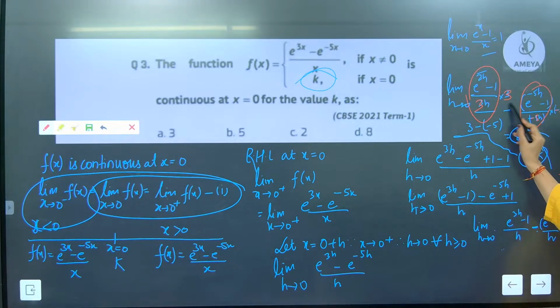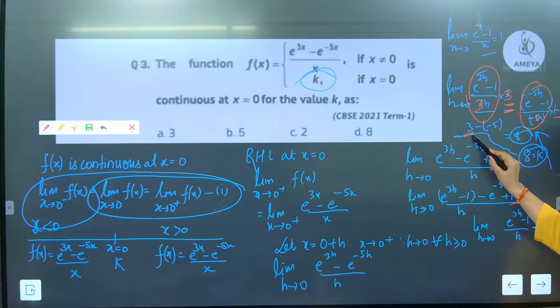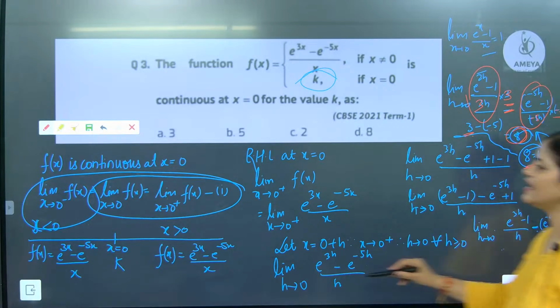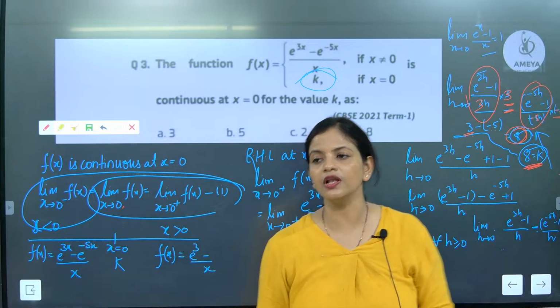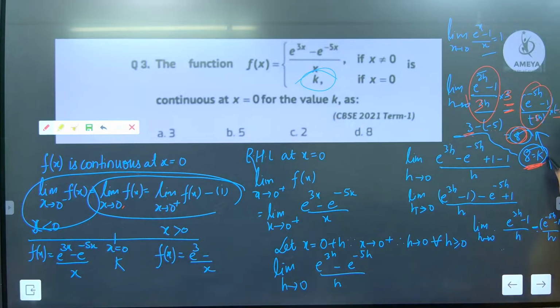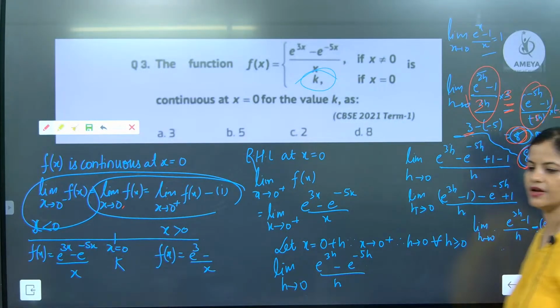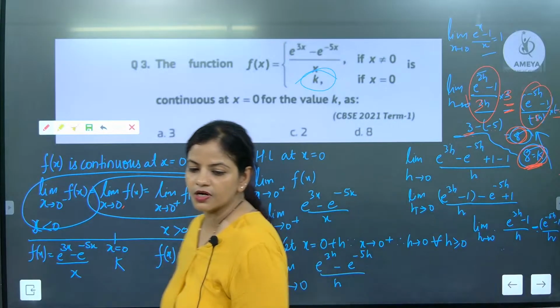So what is left is 3 here and minus 5. Minus of minus 5 will become plus 5. So 3 plus 5 will become 8. The center value was K. Since LHL equals center equals RHL, all three were equal, so we can write K is equal to 8.